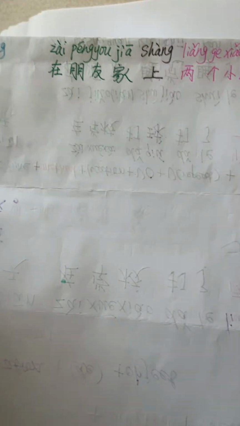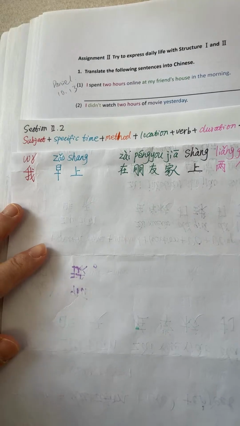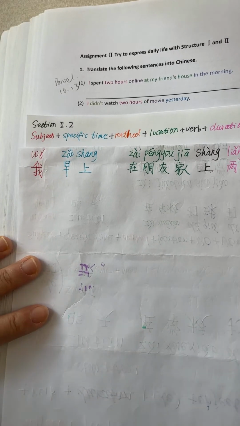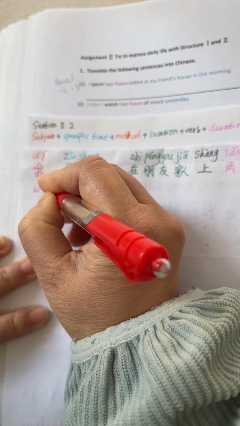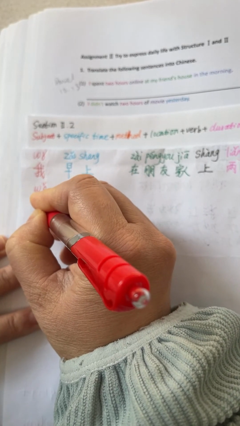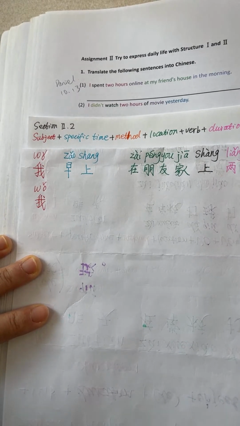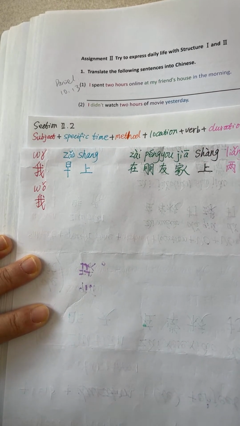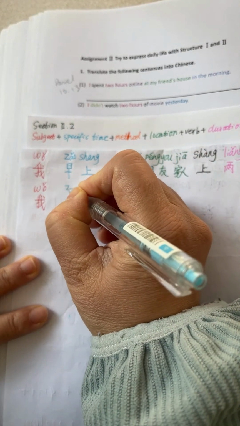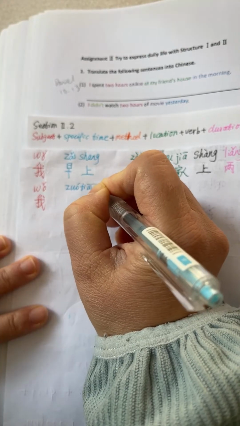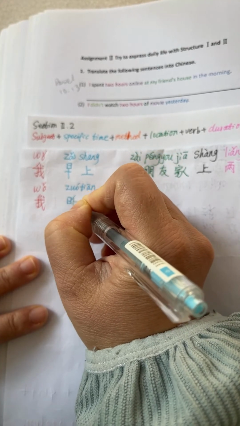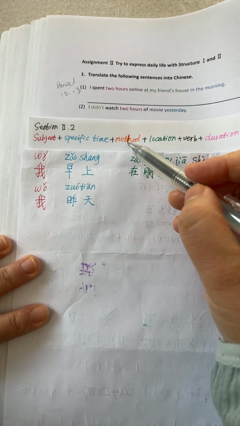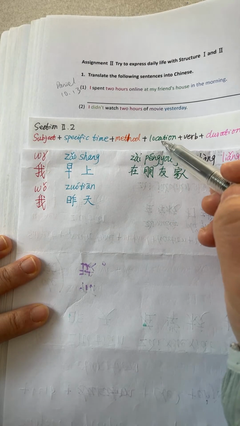好了，那我们再来看看 one by one, okay? Subject, still 我。Then specific time, yesterday. 昨天。Do we have a method? No. Do we have a location?